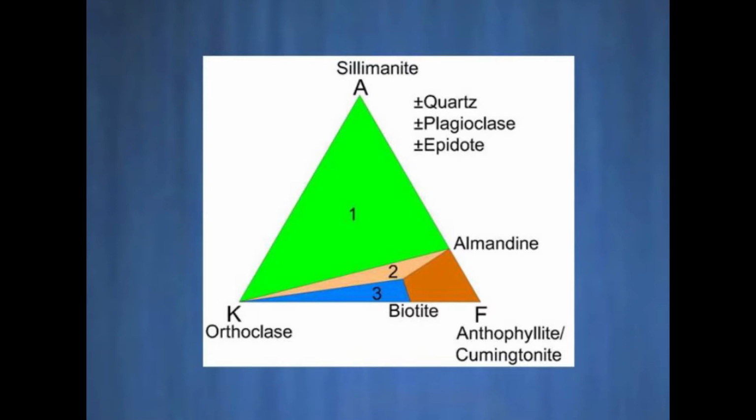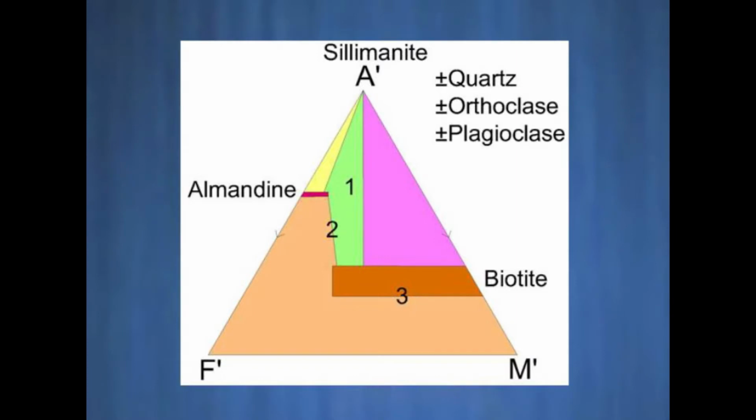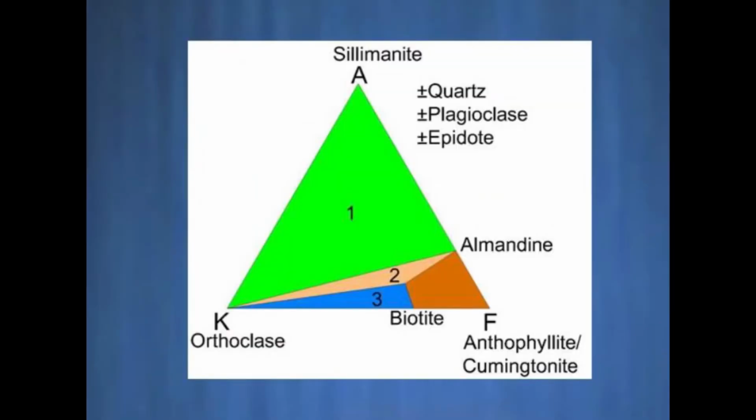Third assemblage is almandine, biotite, orthoclase, plagioclase, quartz, also known as almandine biotite gneiss. The fourth assemblage is sillimanite, biotite, orthoclase, plagioclase, quartz, known as sillimanite biotite gneiss. Fifth assemblage is biotite plus minus orthoclase plus minus plagioclase plus minus quartz, also known as biotite gneiss.